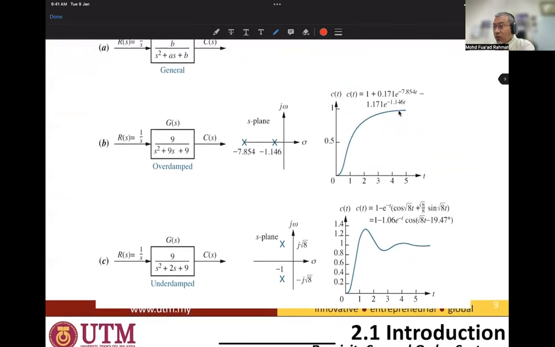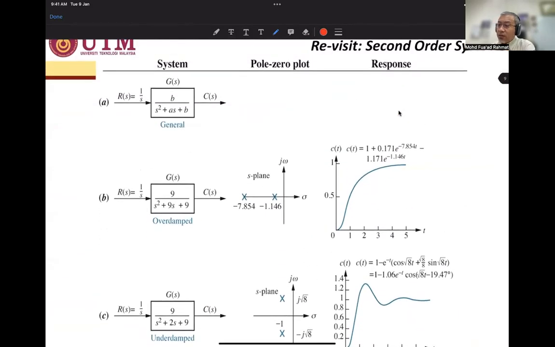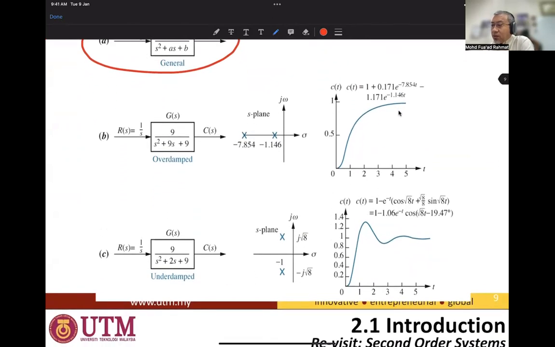So if we look at the general second order system shown here, where B and A are the coefficients. For overdamped, this is a sample. The roots are real and different, located on the real axis sigma.